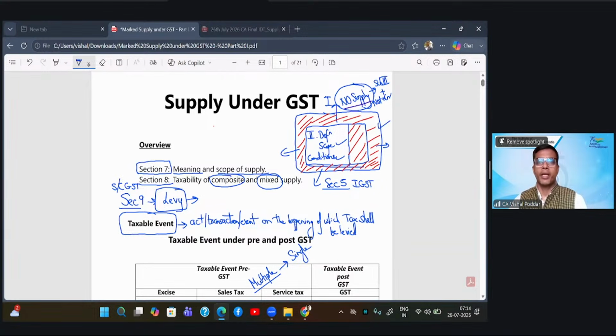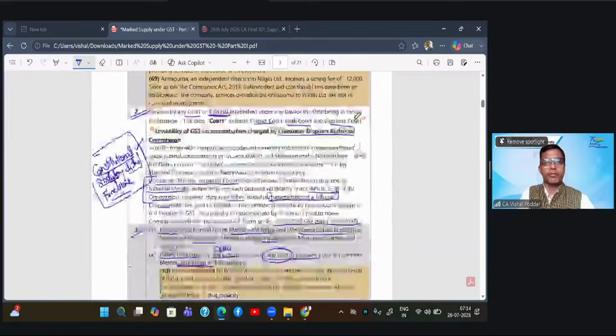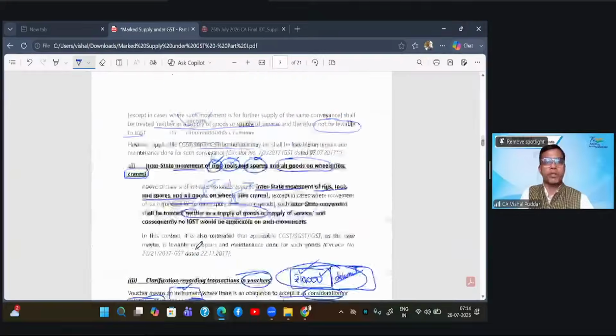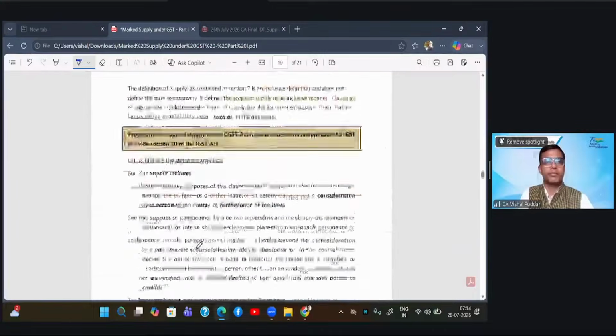First, the outer layer, which covers the specific transactions listed in Schedule 3, notifications and circulars, which are to be regarded neither as supply of goods nor supply of services. And then within the inner layer, those transactions which do not satisfy our conditions of supply. So this was all our discussion of the previous class.